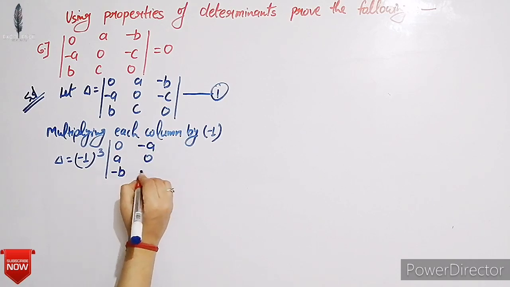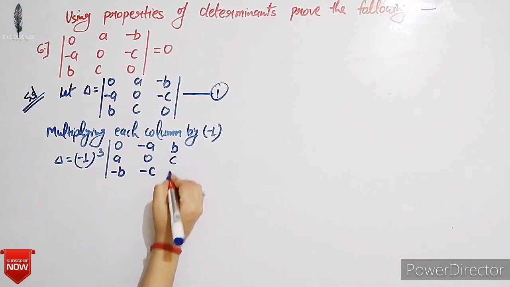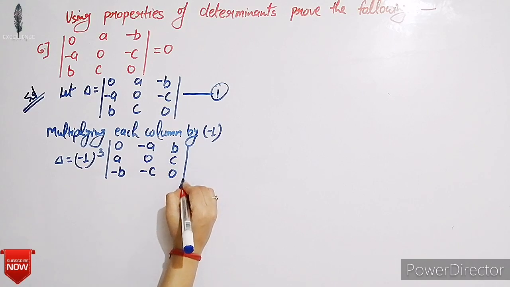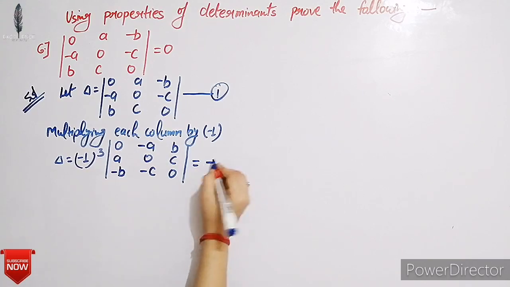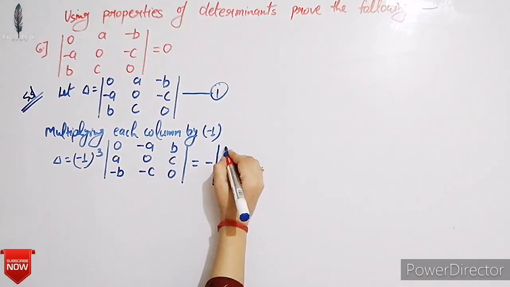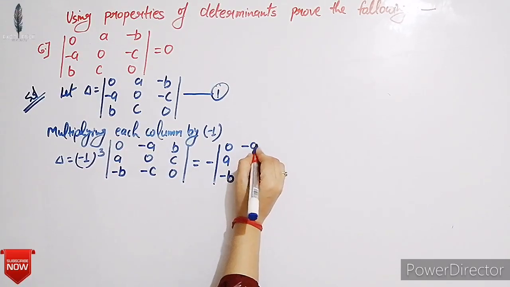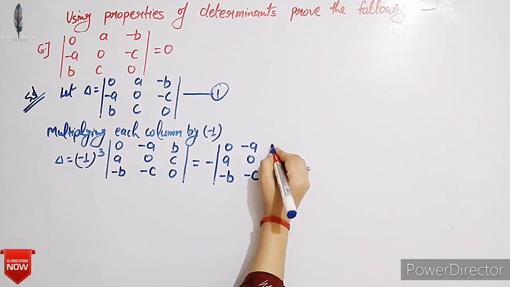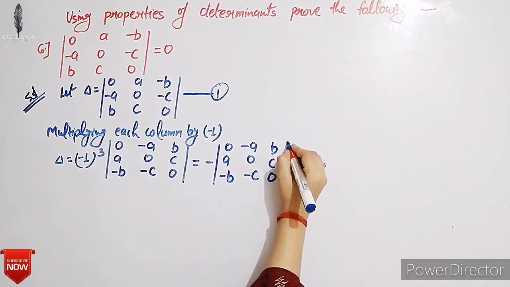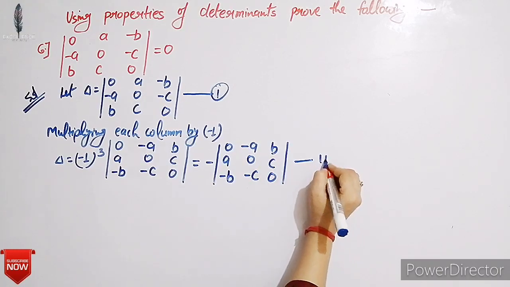Then here we have minus A, 0, minus C, here B, C, 0. That is equal to minus 0, A, minus B, minus A, 0, minus C, B, C, 0. Let it be equation second.